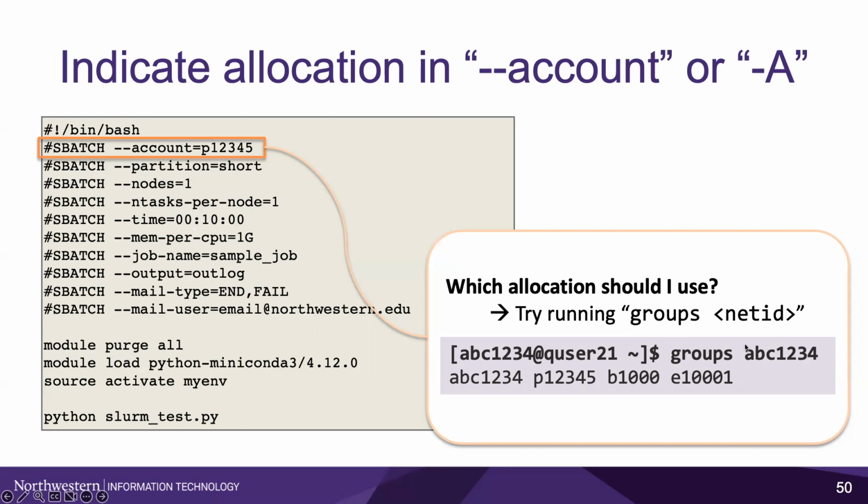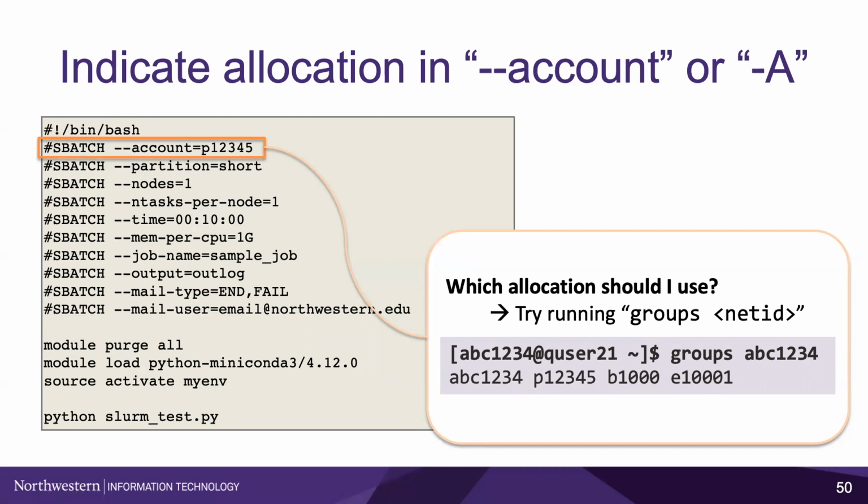This command will print all the different allocations that you're a part of. In this example, in the purple box, we see the net ID, a general access allocation P12345, a buy-in allocation B10000, and then perhaps some other allocations.